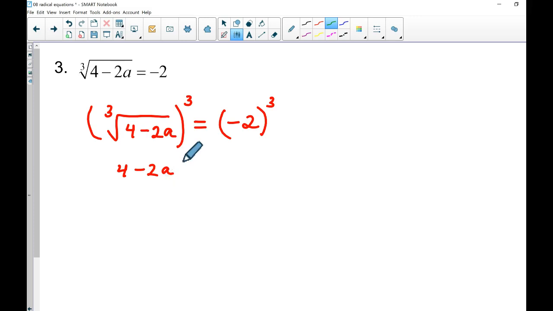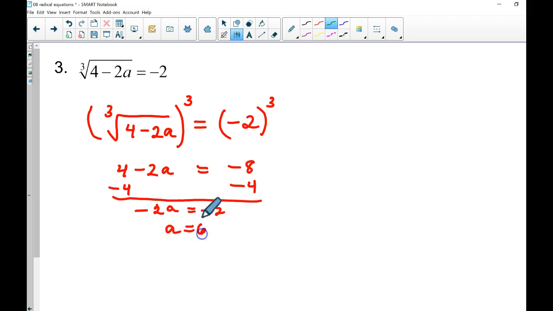My left-hand side becomes 4 minus 2a, and my right-hand side becomes negative 8. I solve the resulting linear equation, and we get a solution of 6.